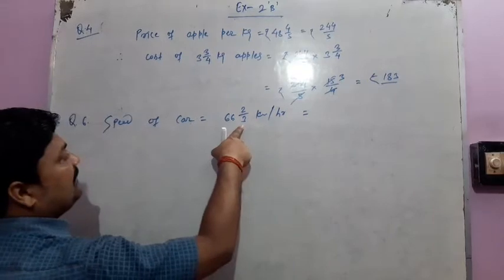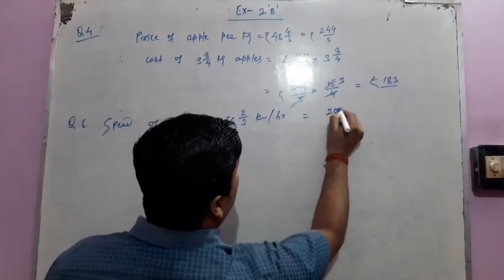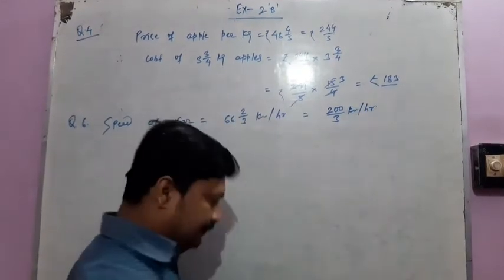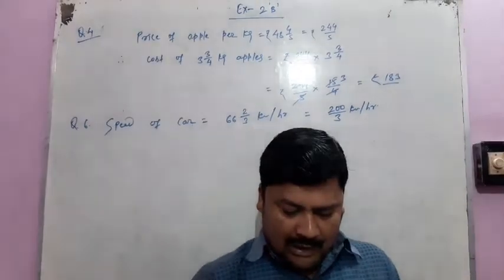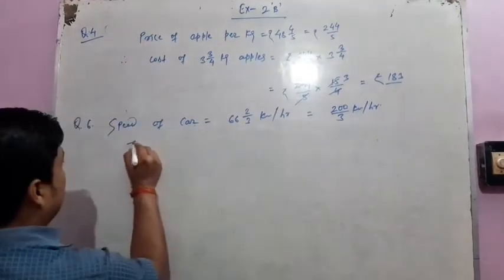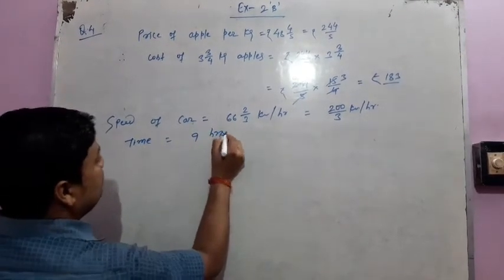So we have to solve here the mixed fraction. 66 3 are 198 and 200 by 3 km per hour. Now, how much distance will it cover in 9 hours? Here the time is 9 hours.